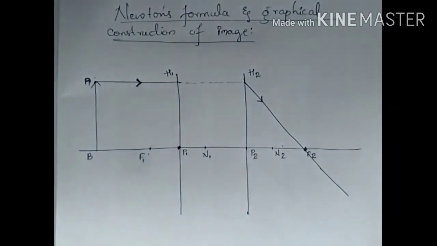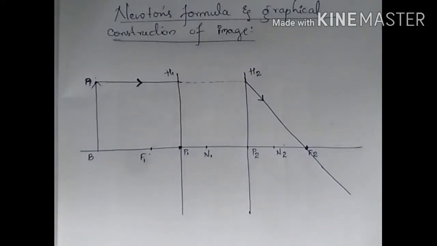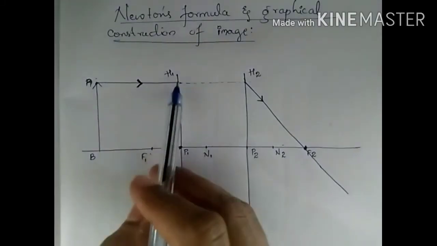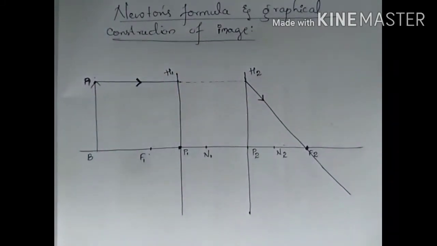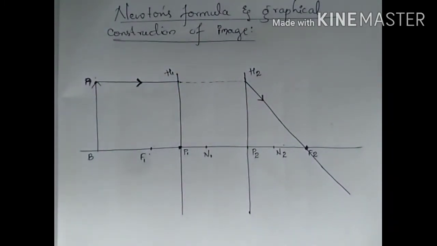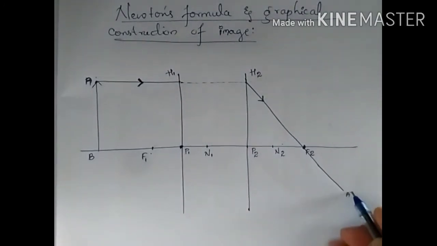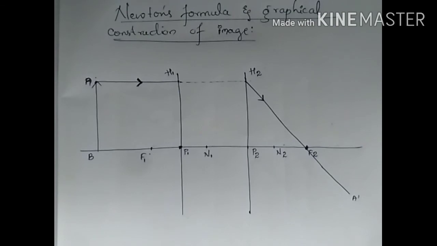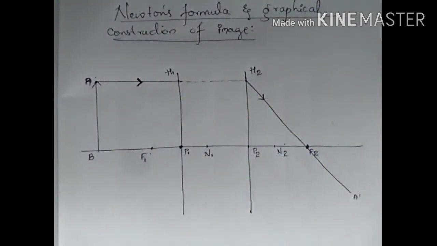So AH1 is the ray of light which is parallel to the principal axis, and this ray touches the first principal plane at H1, and the conjugate ray H2 A prime passes through the principal focus F2, which is here.